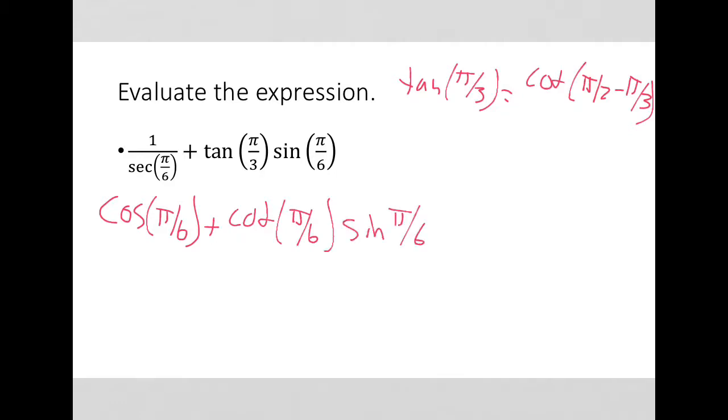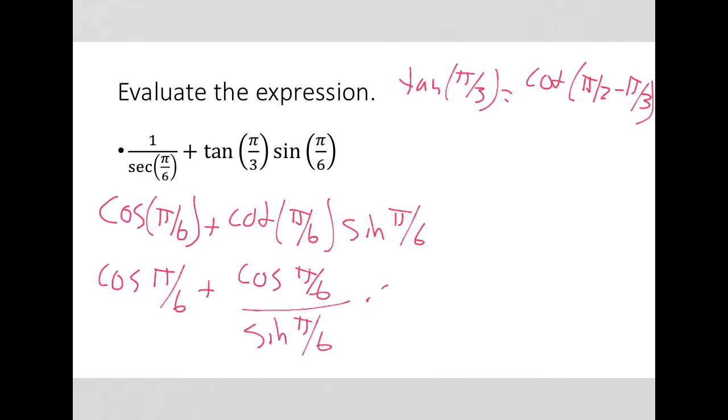And now it's good because everything's in terms of pi over 6. But what is cotan? Well, if tan is sine over cosine, cotan is cosine over sine. So I have cosine of pi over 6 plus cosine of pi over 6 over sine of pi over 6 times sine of pi over 6. And boom, those cancel.